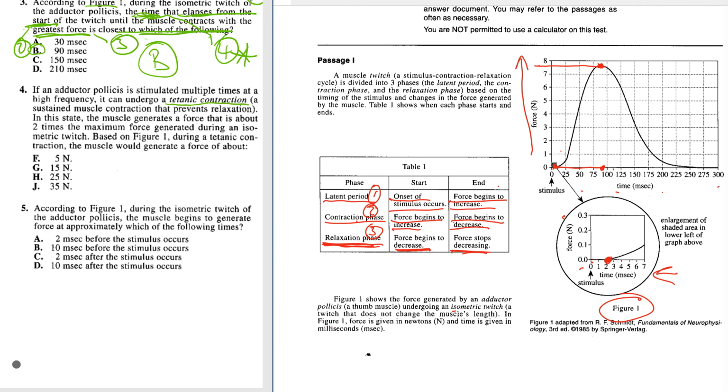They're trying to throw off students who think, oh, this science test is so hard. They're talking about tetanic contractions. They're talking about, you know, adductor pollicis. And all it's there for is to confuse you. That's it. Just to make you think this is harder than it is.